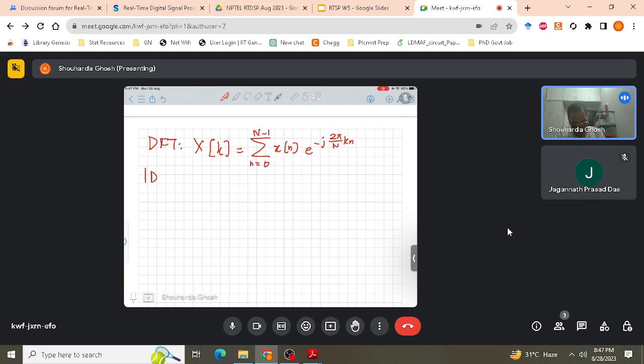And if you look at the IDFT equation, we have x of n is 1 upon N summation over k equal to 0 to N minus 1 X of k e to the power j 2 pi upon N k n. Okay, look at both the equations over here.